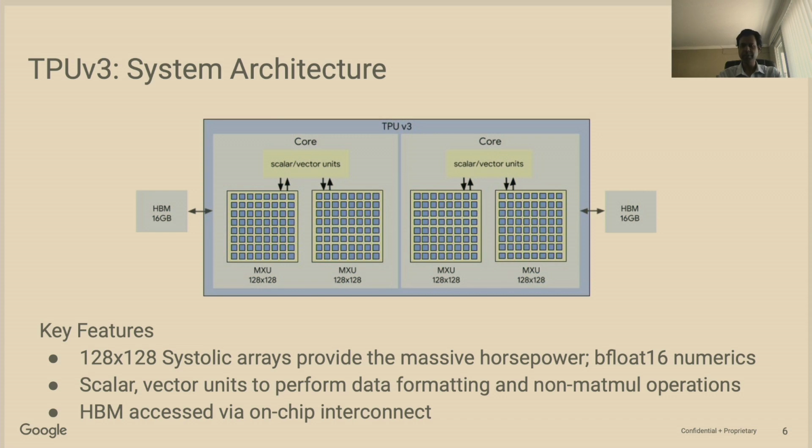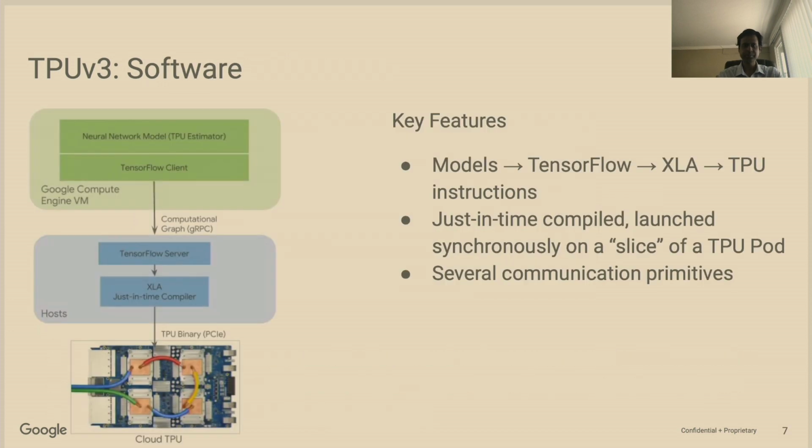And typically these perform data formatting or reductions that can be executed concurrently while the matrix unit executes vector operations. There is on-device 16 gigabytes HBM storage. There are 2 stacks of it, and it's connected to the MXU via an on-chip interconnect.